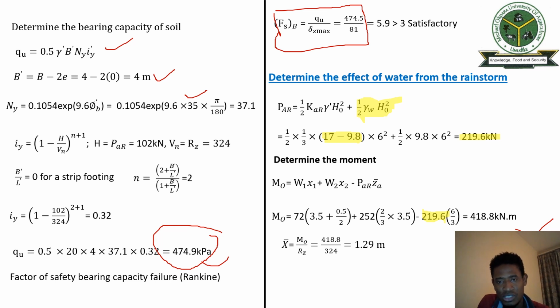There's no difference. This one is the value for the rectangle, this is the value for the triangular aspect, and this is the value for the active lateral earth force. With the same thing we did before, when we want to calculate the moment, the resultant, where is it going to be acting?